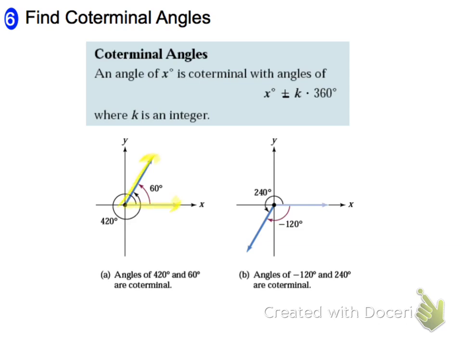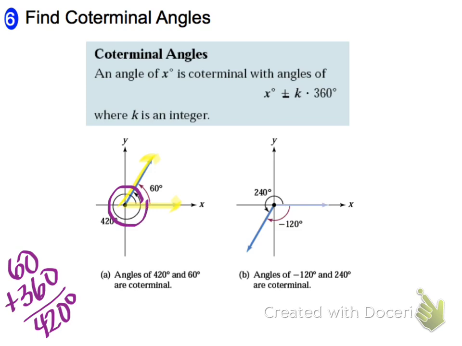And it looks like that, like I highlighted in yellow, and that would be 60 degrees. Now, if I take 60 degrees and add a whole circle, 360, to it, I get a total of 420 degrees. And basically what that means is that 420 degrees looks exactly the same as 60 degrees. This time I would go all the way around the circle, and then I would end 60 degrees later.